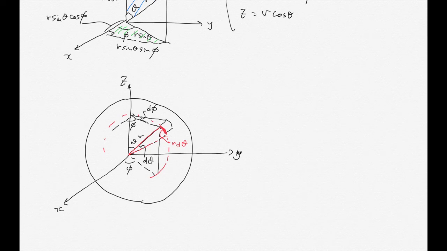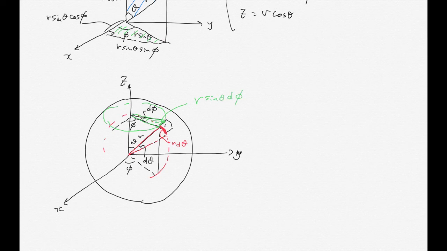Then again, you can consider a different circle. So this part is a part of the circle with a radius of r sine theta. Then this length is expressed r sine theta d phi.